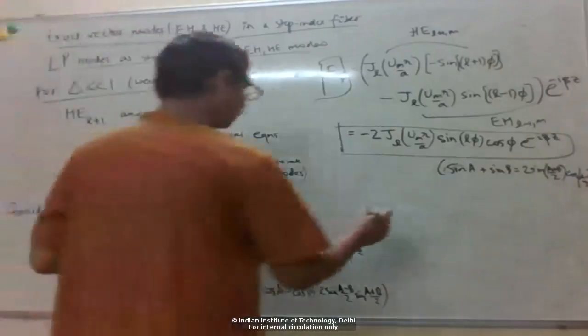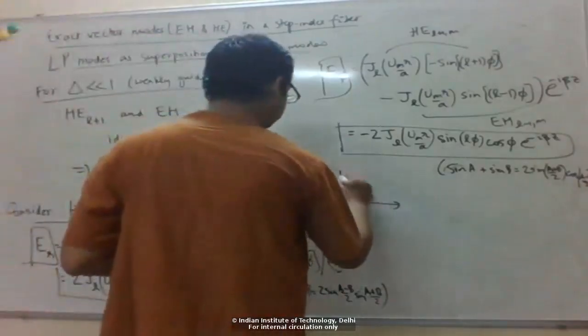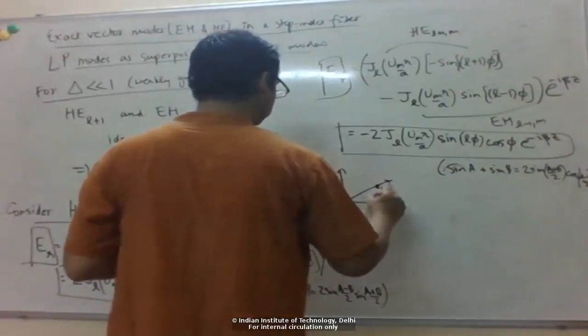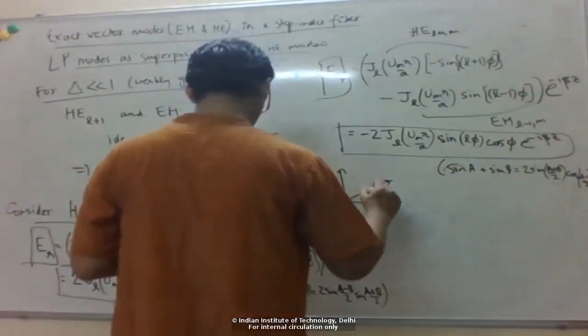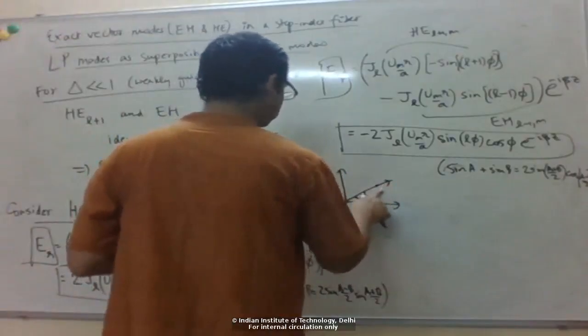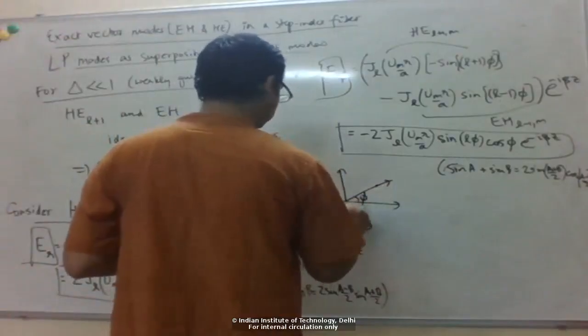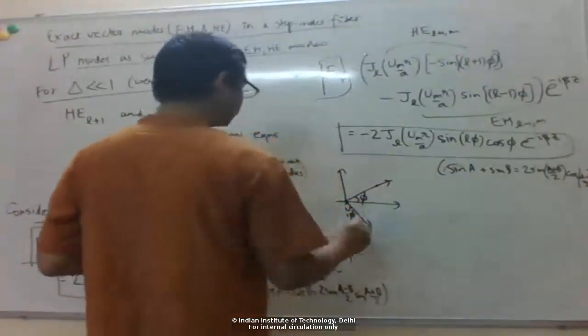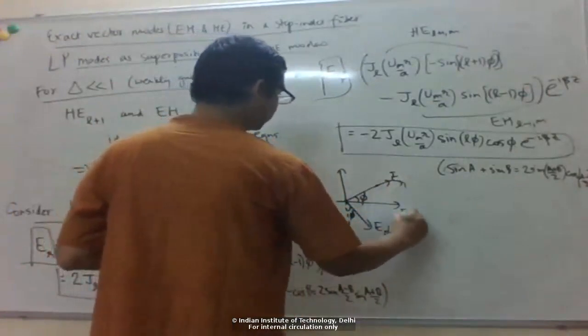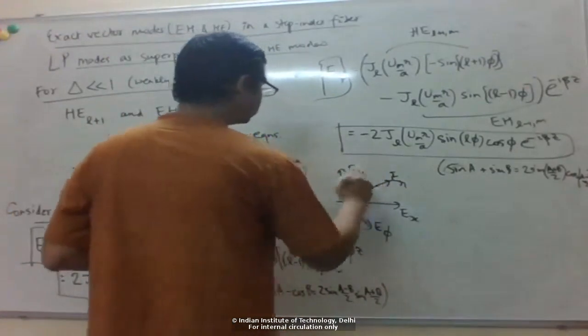Recall the coordinate system: this is phi, this is ER, E phi, this is EX and EY.